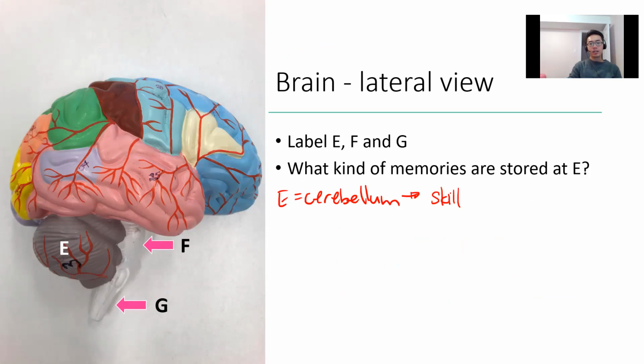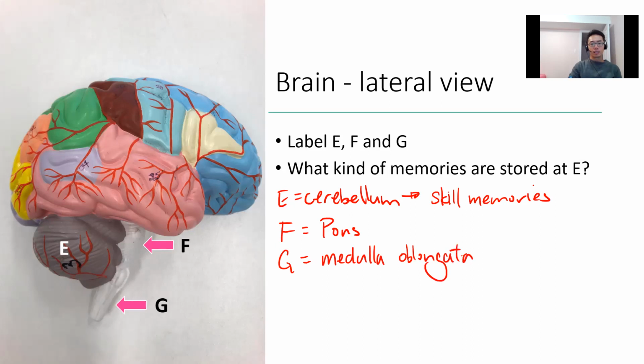Skill memories, you know, motor skills, like playing the piano, riding the bike, typing on the keyboard. F is the pons, and G is the medulla oblongata.